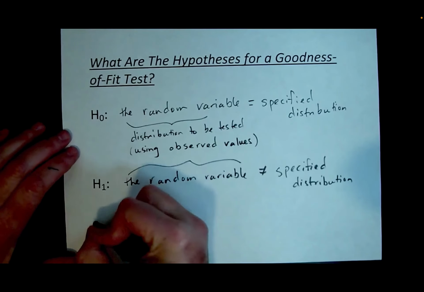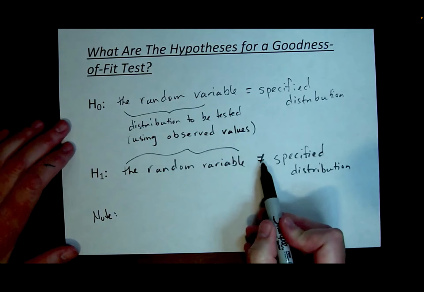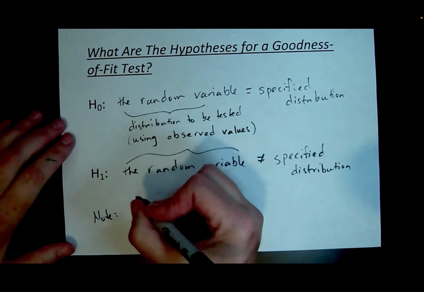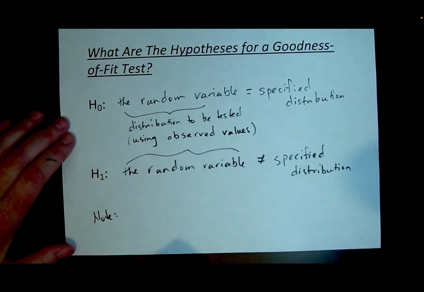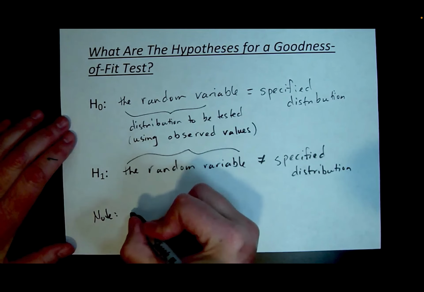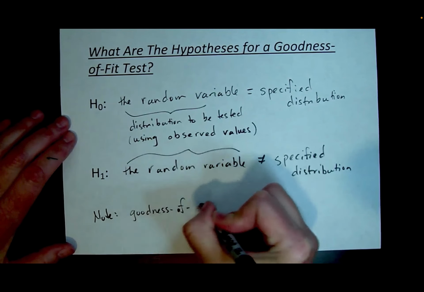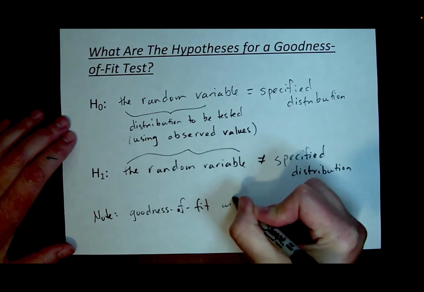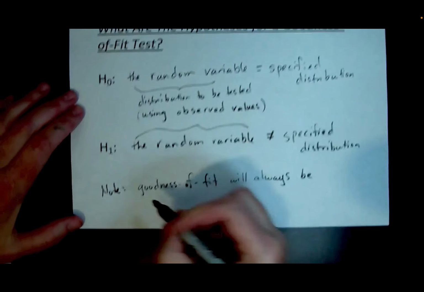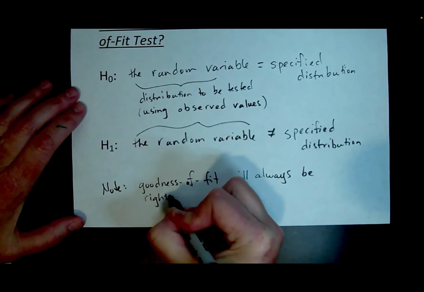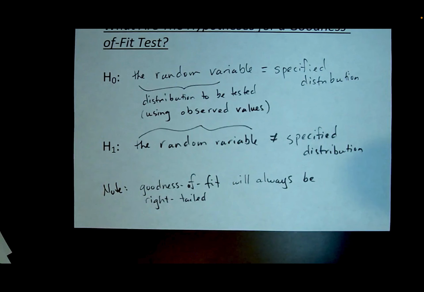So the note that we need to make here is that even though I wrote not equals here, when we're doing goodness of fit tests, it's always going to be a right-tailed test. Okay, that's just the nature of it.